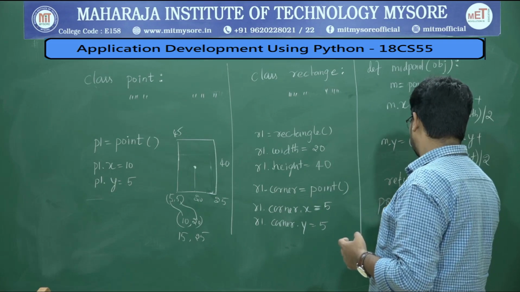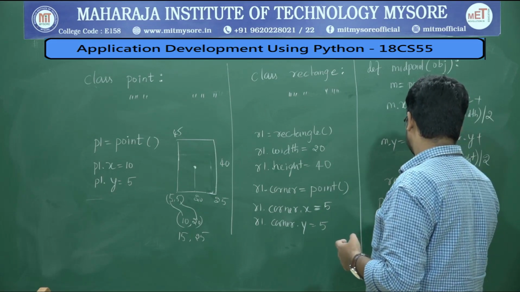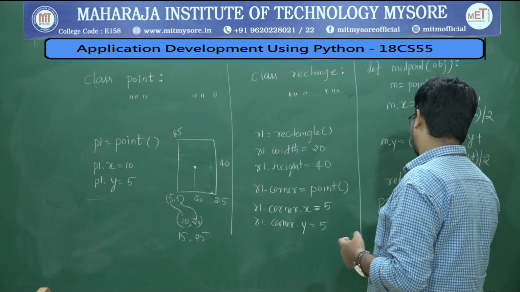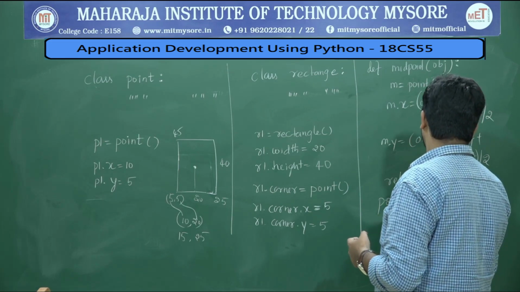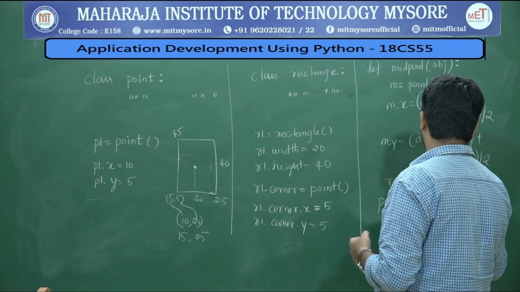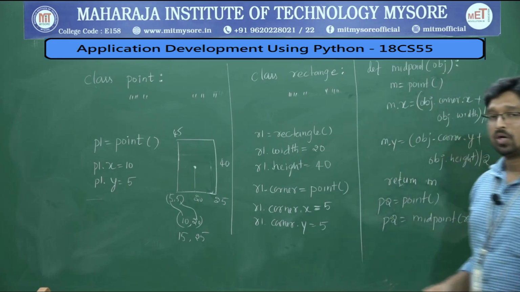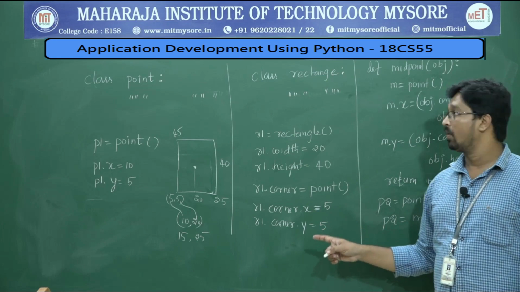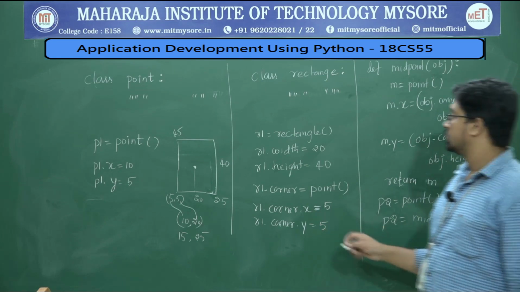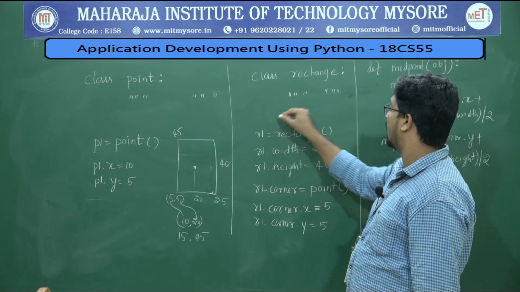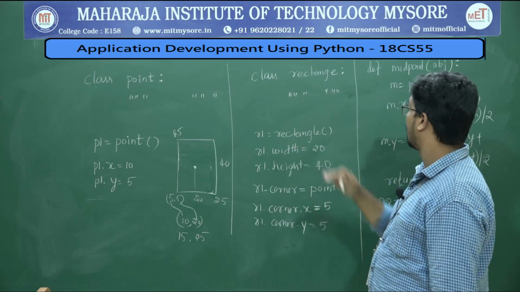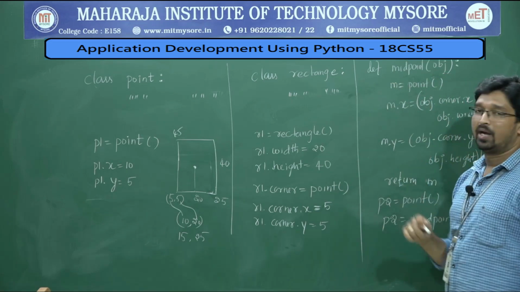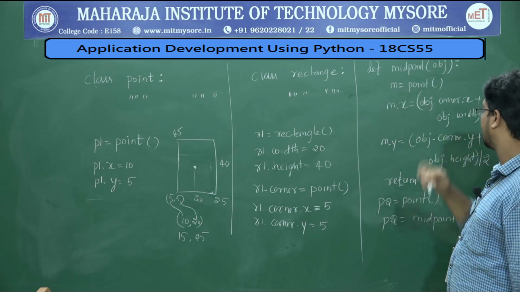Let us say P2 is equal to midpoint of R1. R1 is already created, we have created R1. Assume that we have written this particular class outside the rectangle class, and also we have a definition for the particular method.